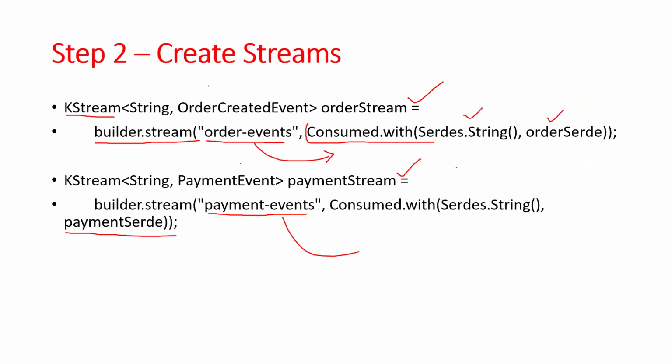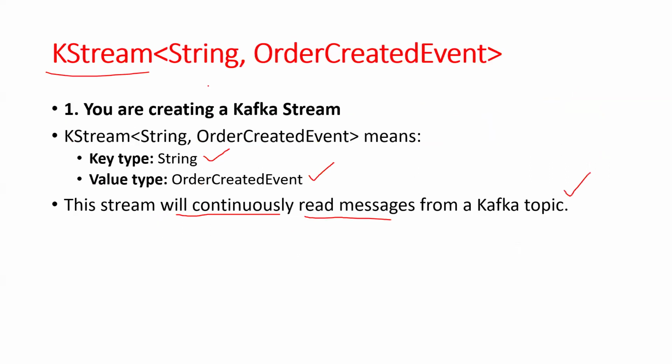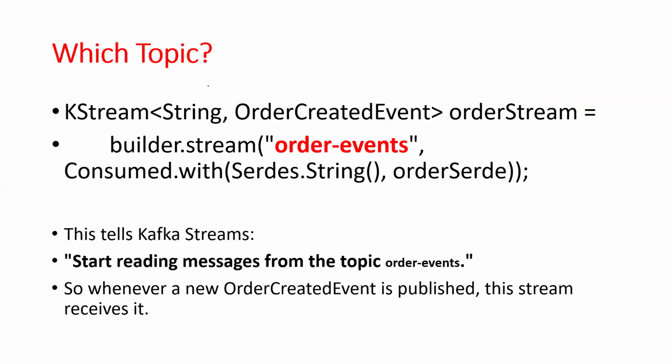Second step, we need to create the stream. And the third step, you need to provide the topic name here. See, order-events is the topic name. It will start reading messages from the topic called order-events. Once you receive the data, whenever an OrderCreatedEvent is published, this stream will receive the data.